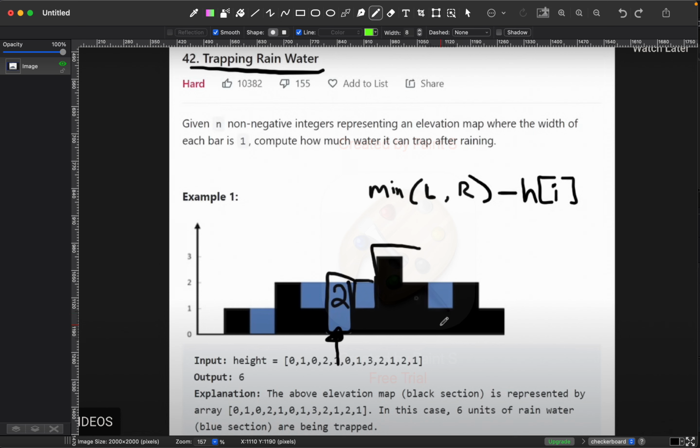So I shift here, so here's 2, here is 2 now, so I start calculating. 2 minus 1, it's 1. Go to here, this and this.